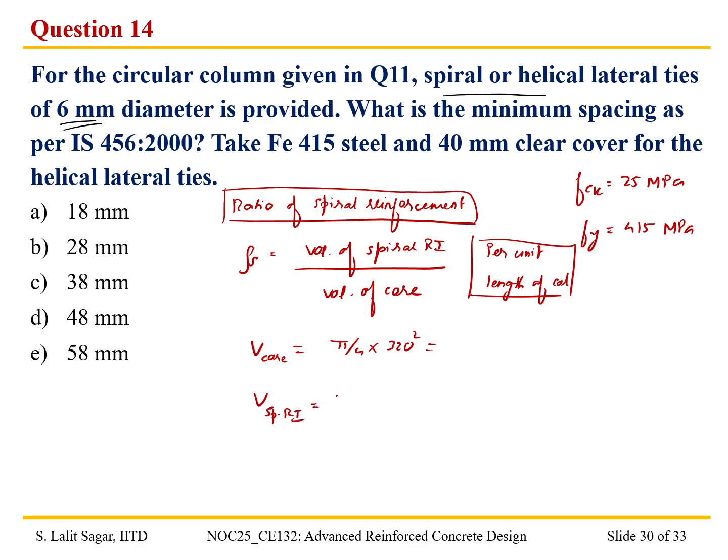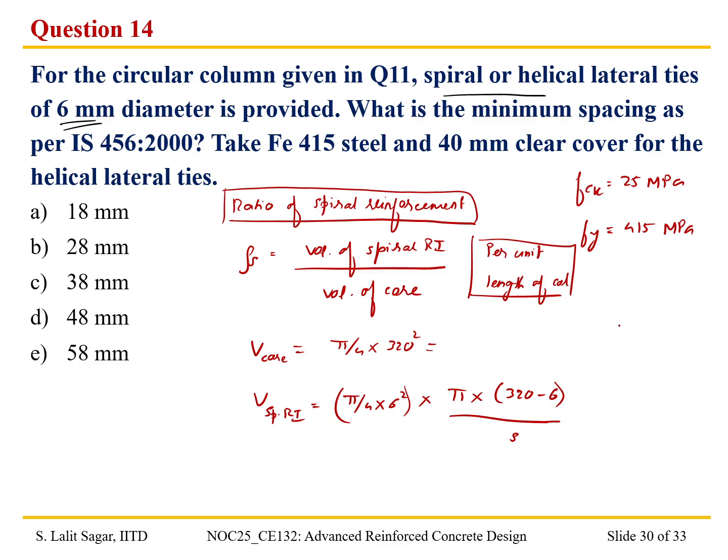That is given by pi by 4 into 6 square, that is the cross-sectional area, multiplied by the peripheral length of the stirrup, that is given by pi into 320 minus 6 divided by st.